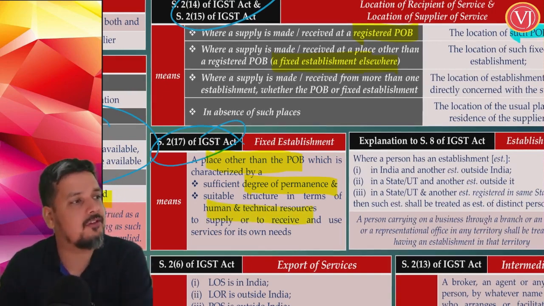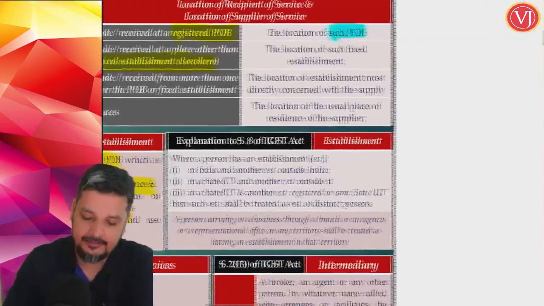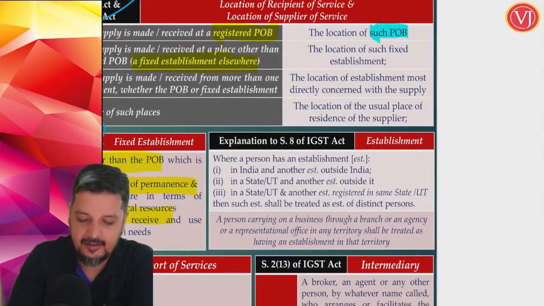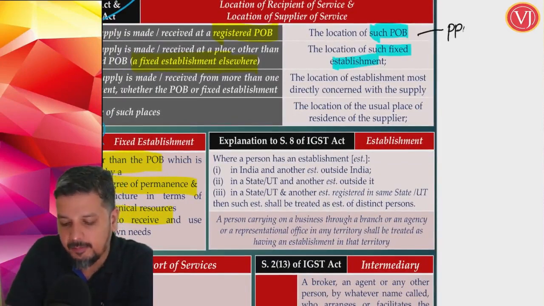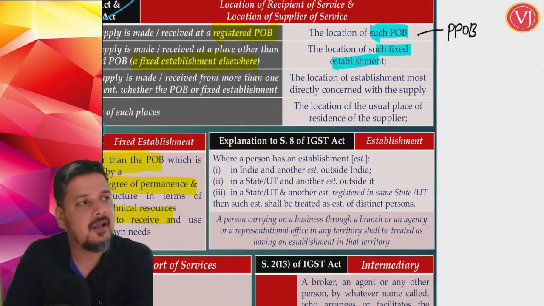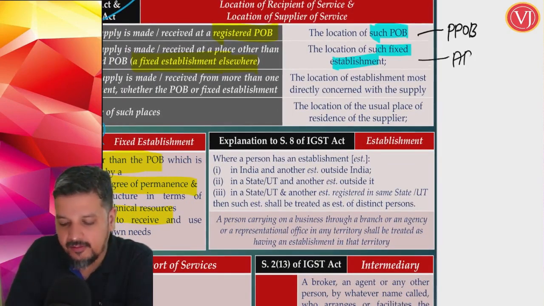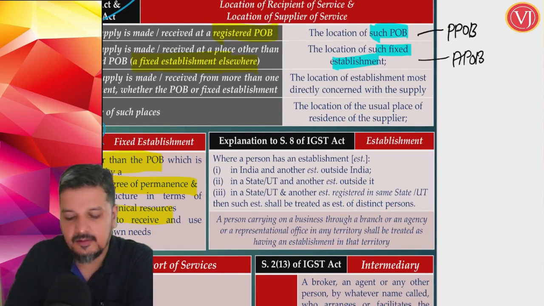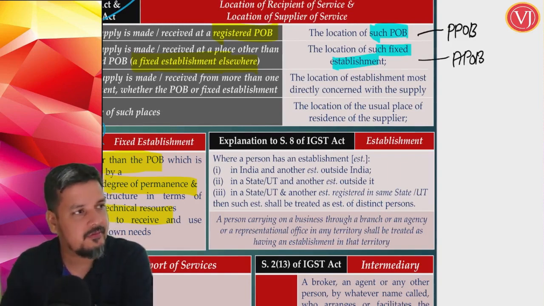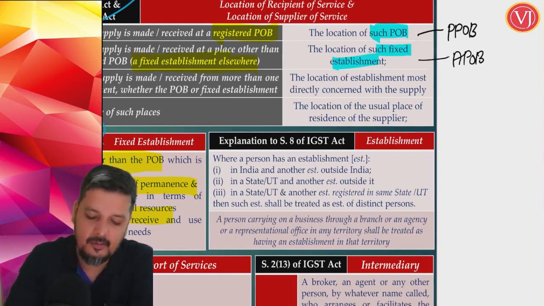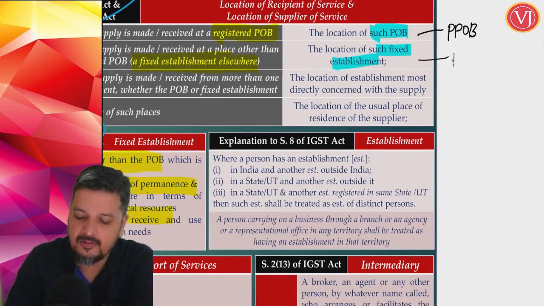In simple language, branch. In the CGST Act, this place of business is actually called the principal place of business, and this fixed establishment is actually called the additional place of business. Now, why don't you use these terms?